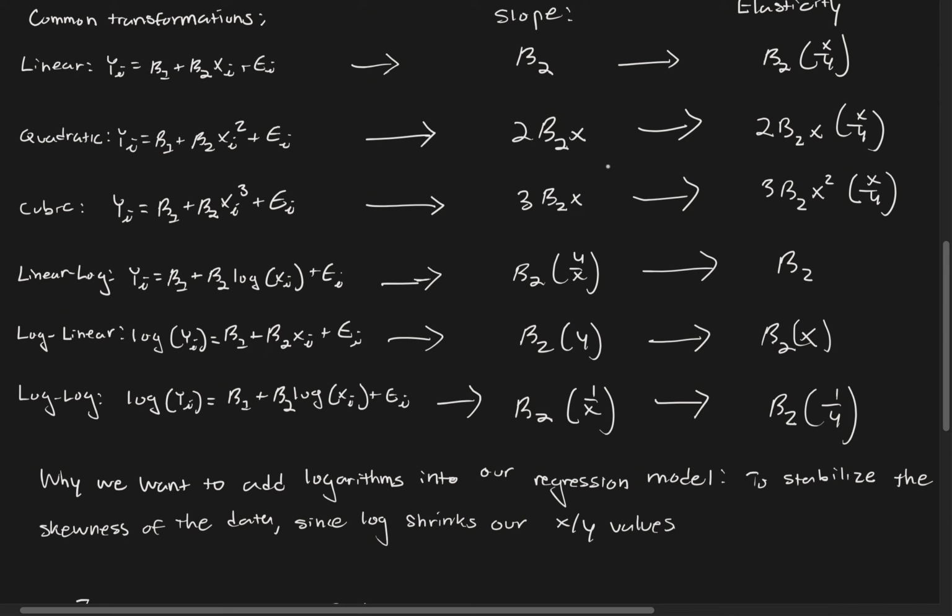Let me just make sure that I didn't make any mistakes. Okay, there is a 2 here. So yeah, if we differentiate this part of the coefficient, then the 3 will be in front of the beta 2, and then this becomes 3 minus 1, which is 2. And then the elasticity is the same, except we're measuring the proportion, so we divide x by y.